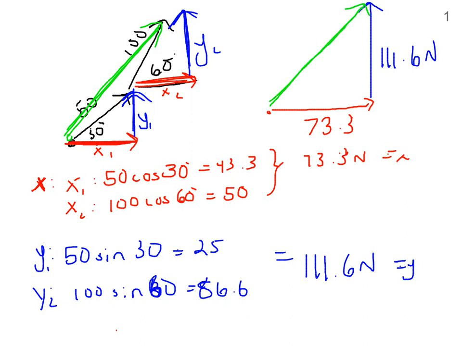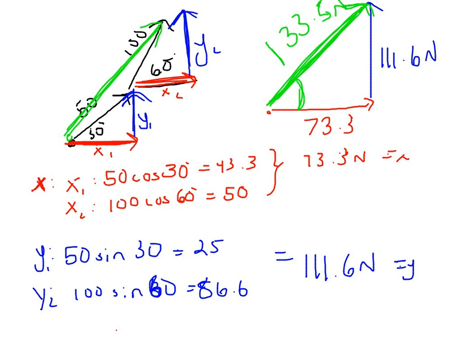In order to get the magnitude of this resultant, all I have to do is use the Pythagorean theorem. So I'm going to square the 111.6, add it to the square of 73.3, and take the square root of that whole thing, and I'm going to get that this resultant force has a magnitude of 133.5 newtons.